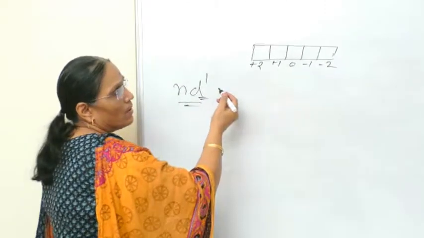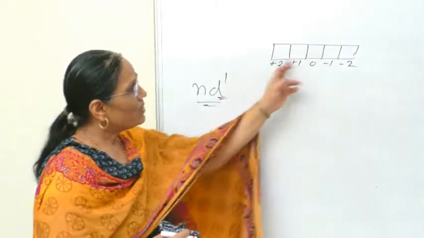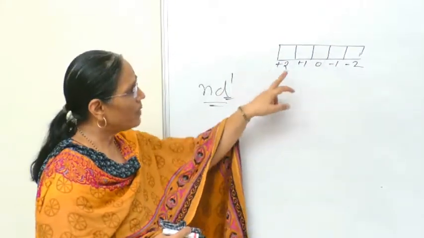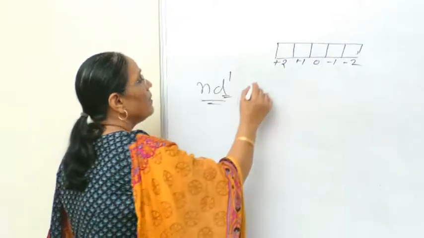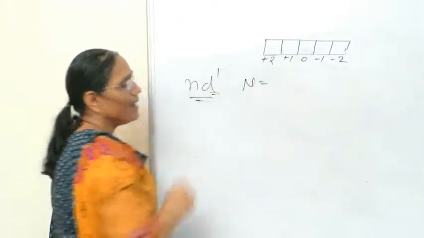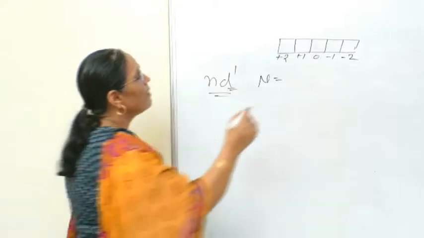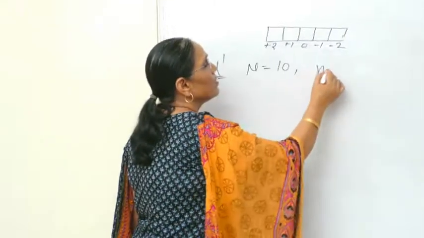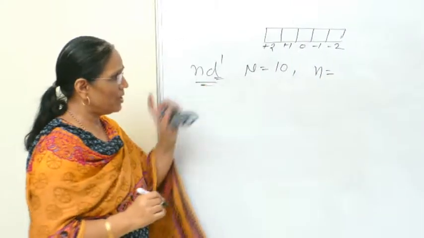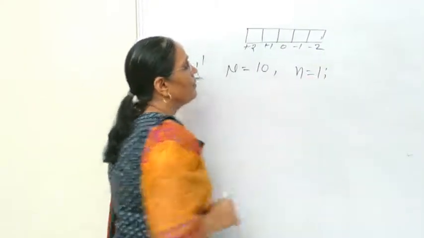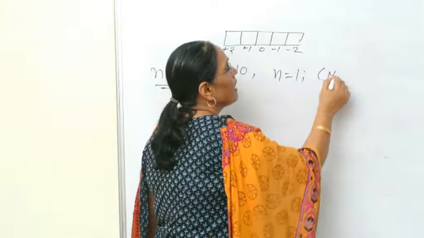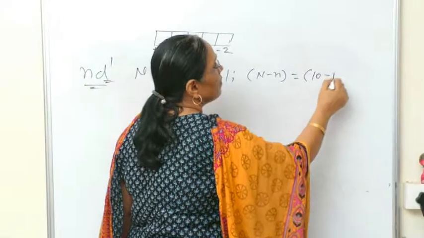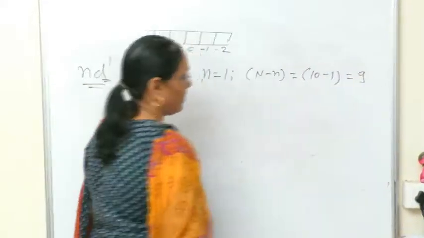There are 5 suborbitals, and each orbital can accommodate a pair of electrons. So capital N, the total electron capacity of the d orbital, is 10. The actual number of electrons present in the given configuration is 1. Therefore, N minus n will be 10 minus 1, that is 9.